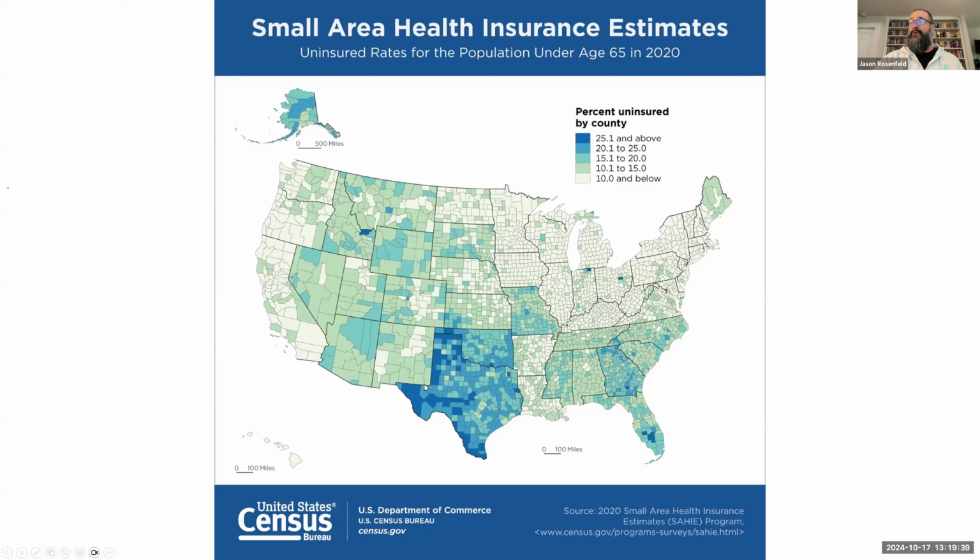But you can see that border counties and panhandle counties have the highest rates of uninsured as compared to other parts of the state. So lots of issues that are kind of driving this. We also have high rates of migration and immigrants living along our border communities, which increases that uninsured rate because they don't have access to those services.